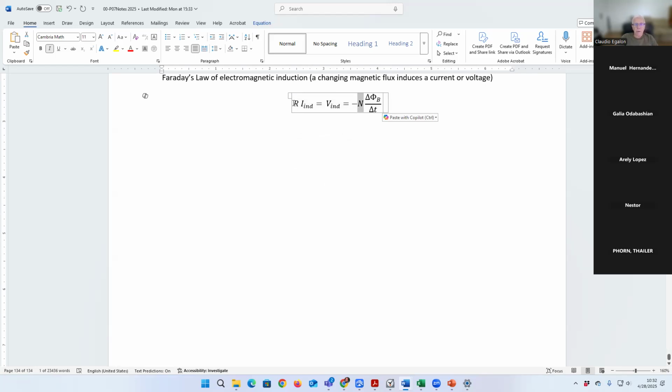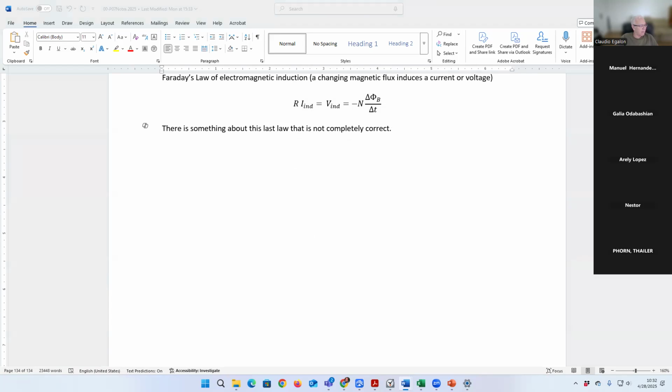There is something about this law here that's not completely correct. There is something about this last law that is not completely correct. There is more to it than induced current.